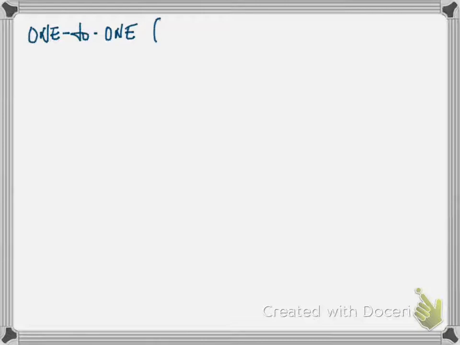The one-to-one function is often abbreviated 1-1. So it's a function, which means that the x values are used once and only once, but what makes it one-to-one is the fact that the y values are also used once and only once.